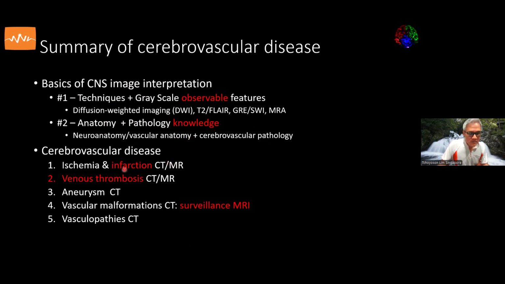With MR, cerebral infarction is very important as a 24/7 service in my hospital, whereas venous thrombosis is less common and needs a high index of suspicion. Vascular malformations, particularly AV malformations, require a lot of surveillance MRI. So that's it for my presentation.